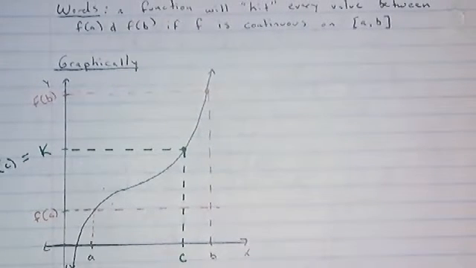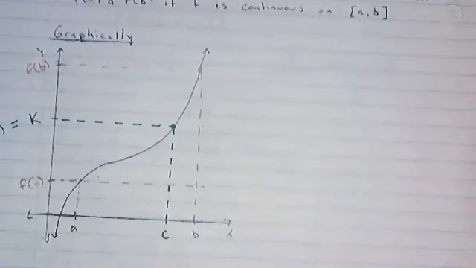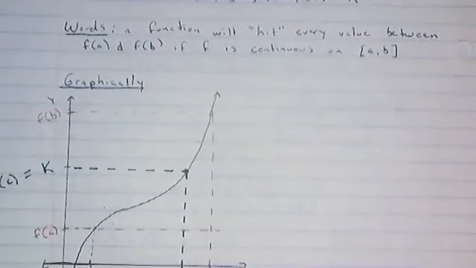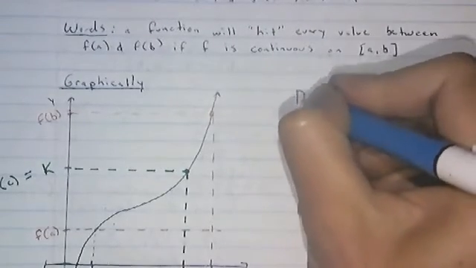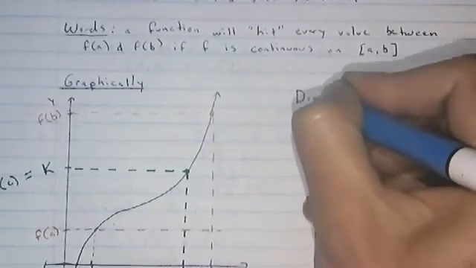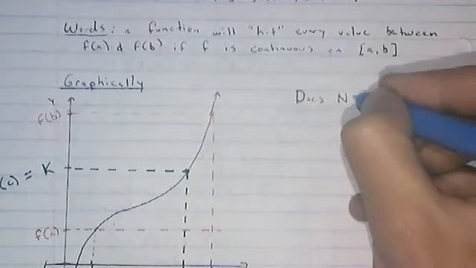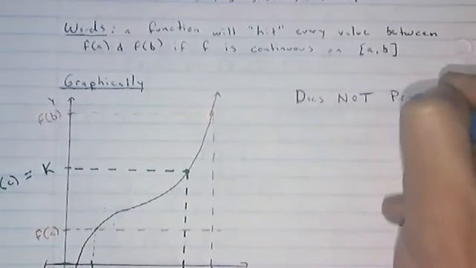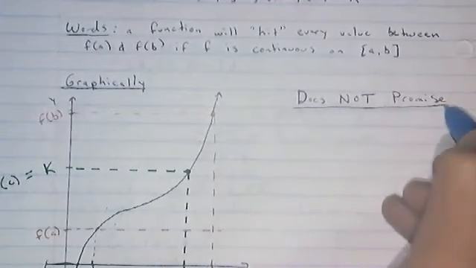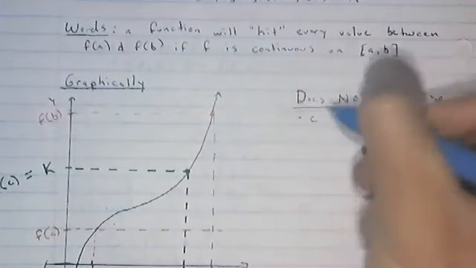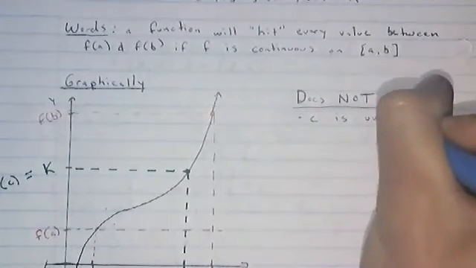What I want to point out real quick are two possible misconceptions here. Here's what it does not say. It does not promise two things. C is unique.